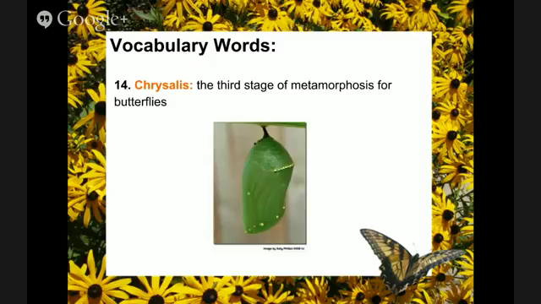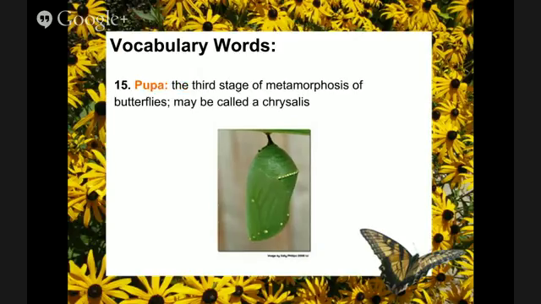Now we have the chrysalis. This is the third stage of metamorphosis for butterflies. Like I said before, this is a very important stage for a butterfly to be able to grow. Once it's all grown, the chrysalis will split in half and a butterfly will come out. It's also known as the pupa, which is the third stage of metamorphosis of butterflies.